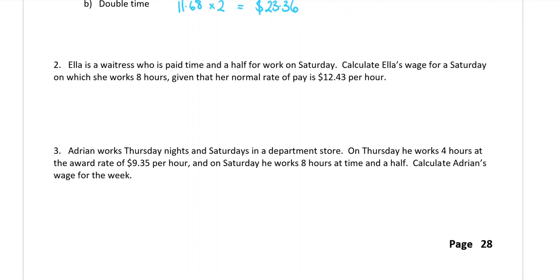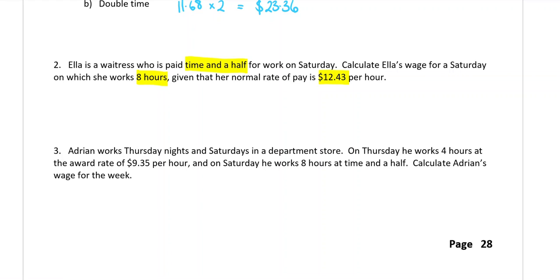So I'd be going, Ella is paid time and a half for working on Saturday. Calculate her wage when she works 8 hours, given that her normal rate of pay is $12.43. They're the three key bits of information there.